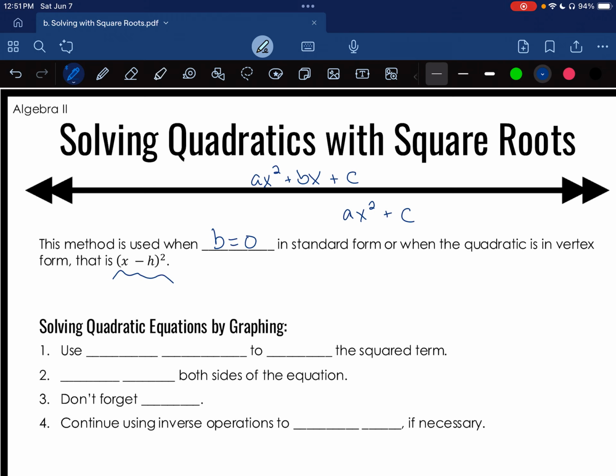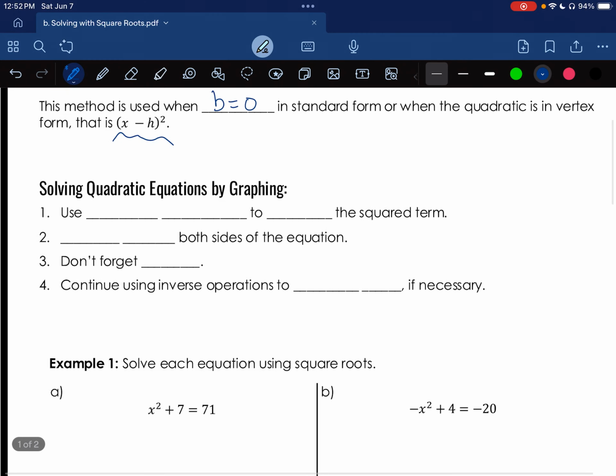Okie dokie. So, let's talk about our steps for solving. Oh no, it says by graphing, and that should say square roots. This is literally the second time that I've had one of those oopsies, but if you buy the notes, it's going to be a-okay. I'll fix it before then.